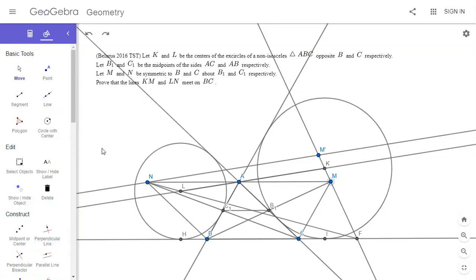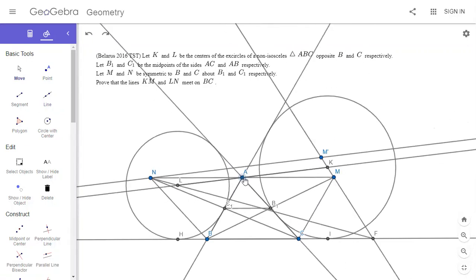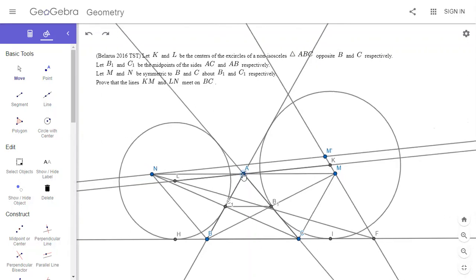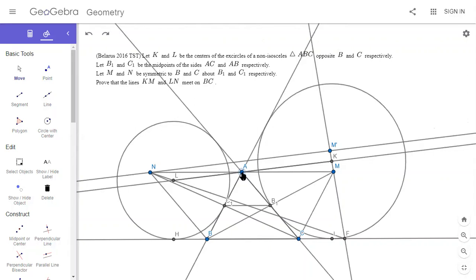We can show that. So KL is the line joining the two centers of the circle. But I think it's true.